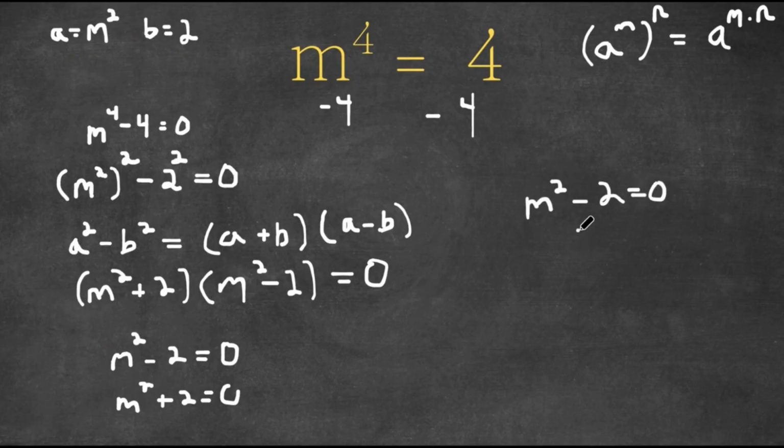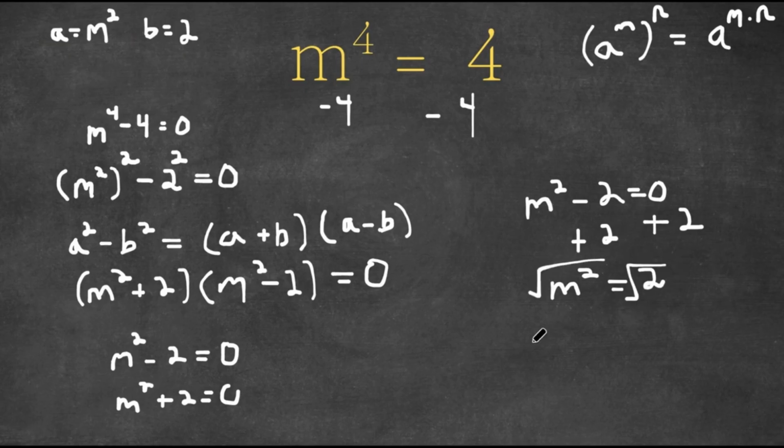So what I'm first going to do is I'm going to add 2 on both sides. So we get m squared is equal to 2. So now if I take the square root on both sides, I get m is equal to positive or negative square root of 2. So these are two solutions.